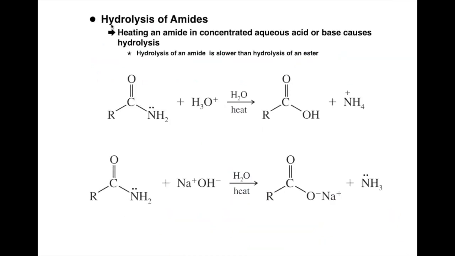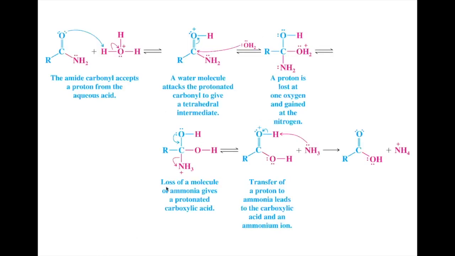Okay, next, hydrolysis of amides. So, acid hydrolysis of amide will yield your carboxylic acid. Base hydrolysis of an amide will yield a sodium carboxylate salt. Okay, so again, what happens here?